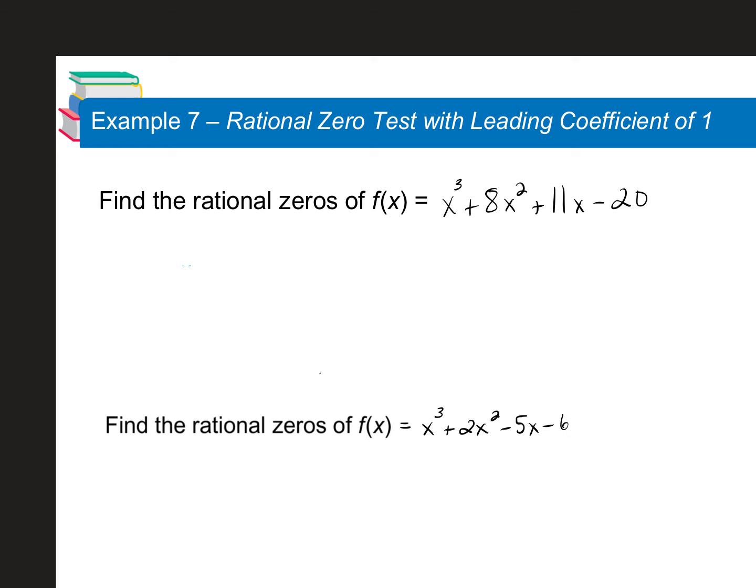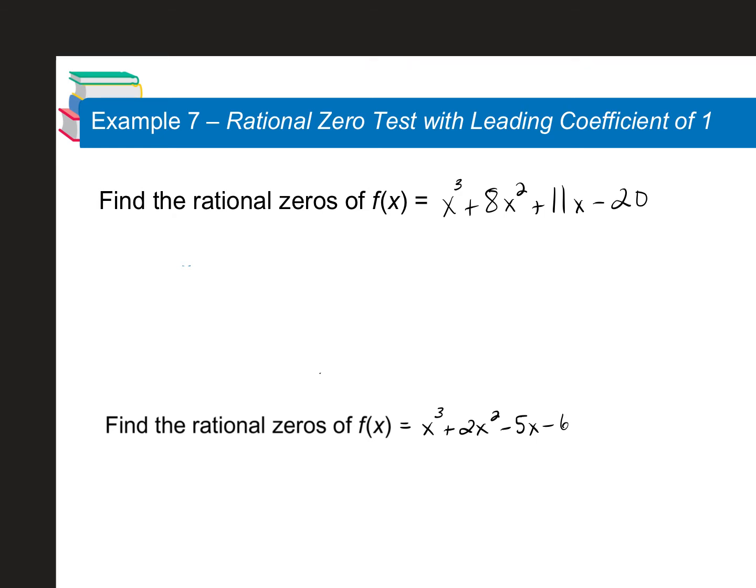So I look at this first equation, x cubed plus x squared plus 11x minus 20. There's no GCF, so then we can try and group it. If I group this and take out x squared from my first parenthesis, I'm left with x plus 8. There's nothing that I can take out of 11x and negative 20 that is going to give me anything in common, or a parenthesis that looks the same.